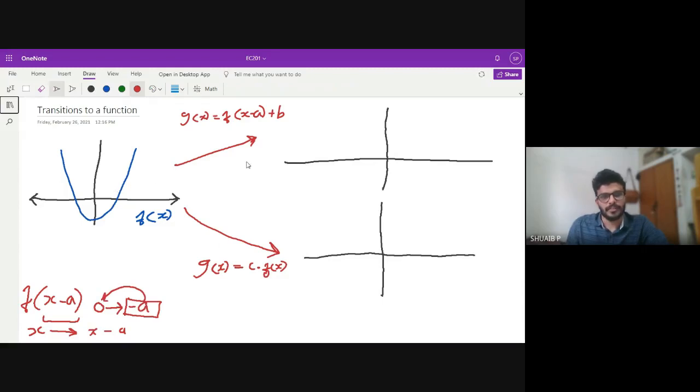So if we think of it, 0 has an image here, some negative value.